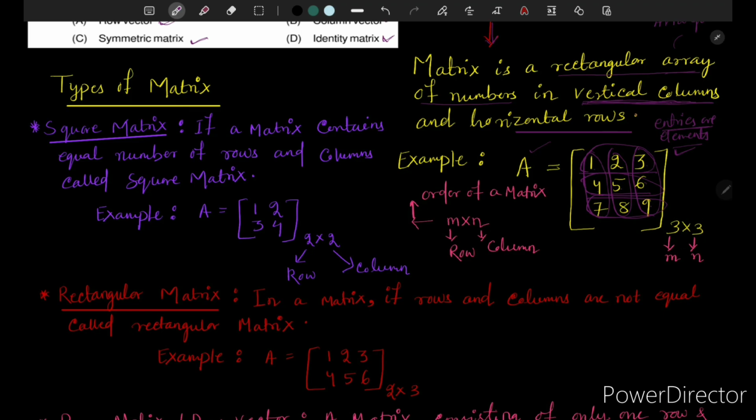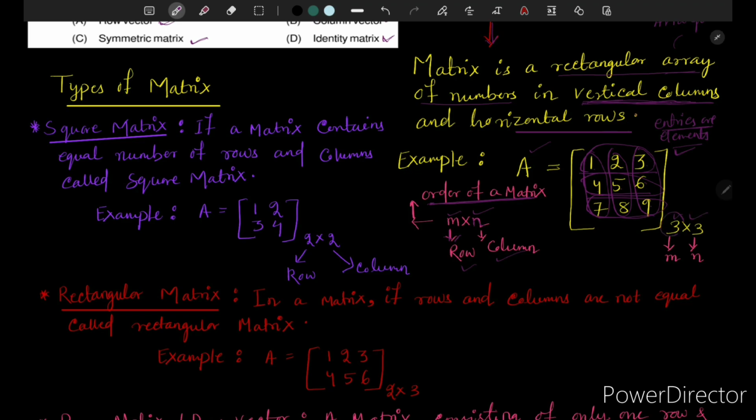Here I want to tell you another concept of a matrix called the order of a matrix. Generally we write the order of a matrix as m by n, where m equals row and n equals column. Here you can see that this is a 3 by 3 matrix.